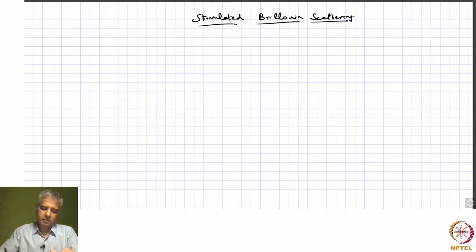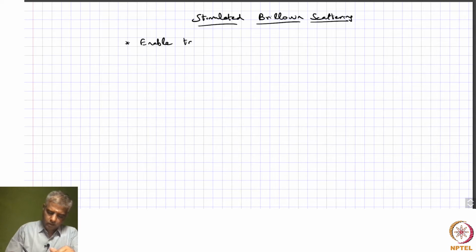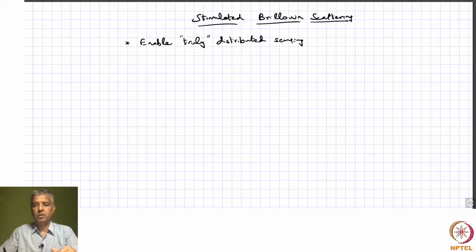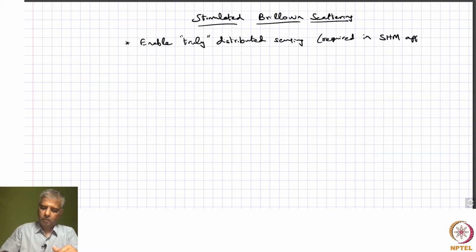But what we are really trying to do with this stimulated Brillouin scattering is to enable truly distributed sensing, which is a requirement for this, and is required in a lot of these structural health monitoring applications that we talked about previously.